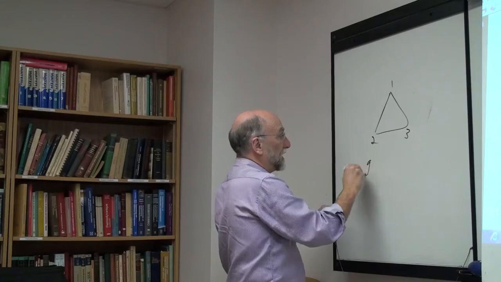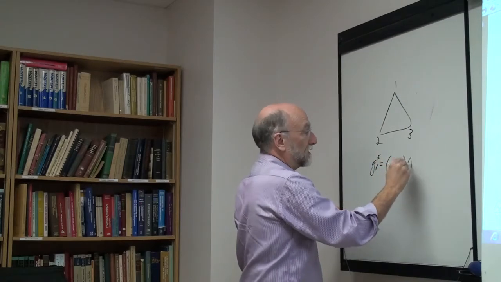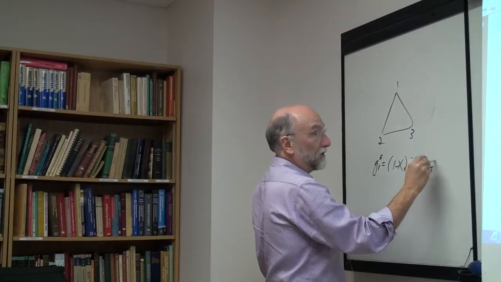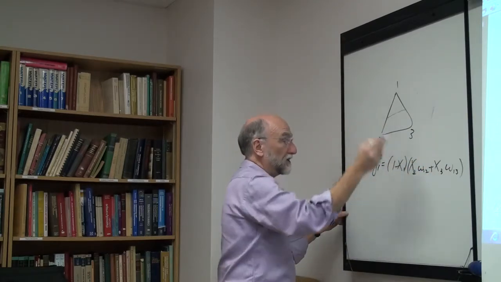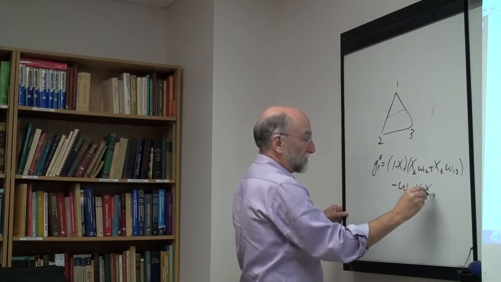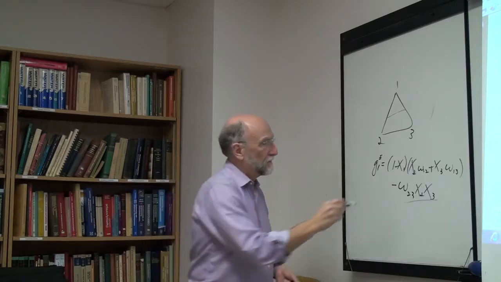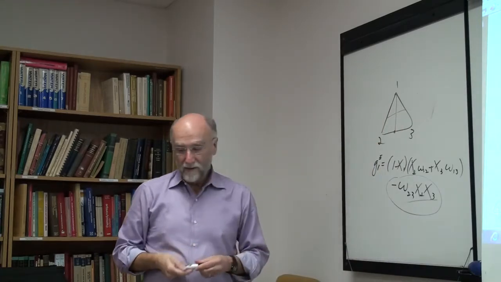G excess of component 1 is going to be 1 minus X1 times X2 omega 1,2 plus X3 omega 1,3. That's kind of okay, it varies across here. Minus omega 2,3 X2 X3. So it's this term here that I'm interested in.